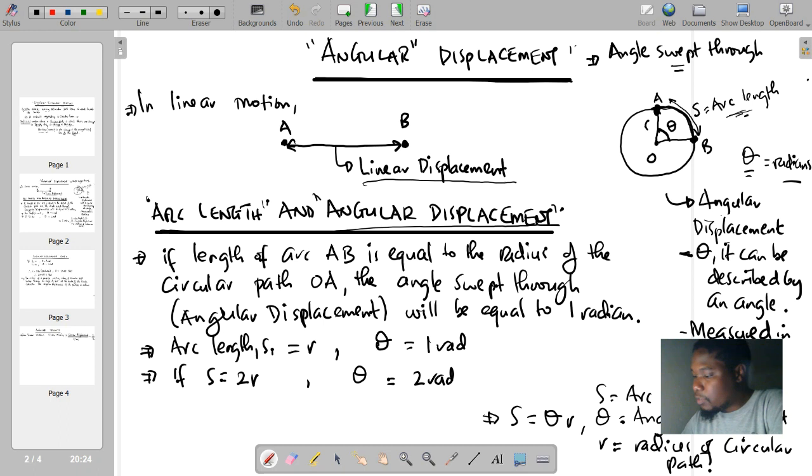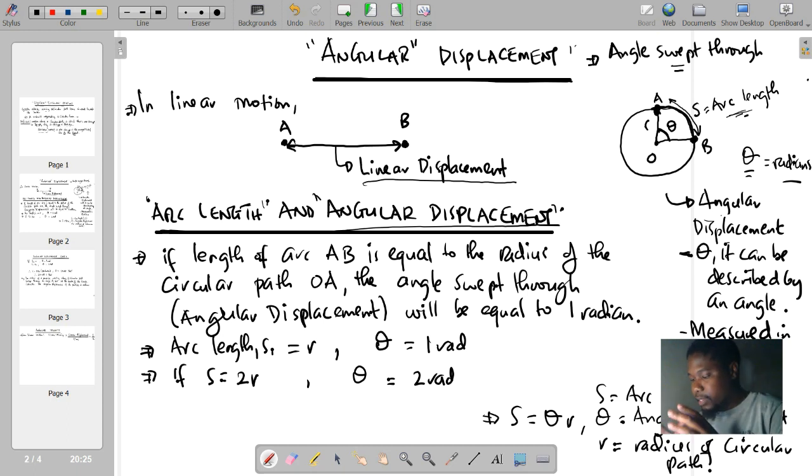Radians is a unit for angles, the way we use degrees, but there's also another unit called radians. So we describe angular displacement by using radians. It's the angle that is swept through in covering a distance, in this case from A to B.